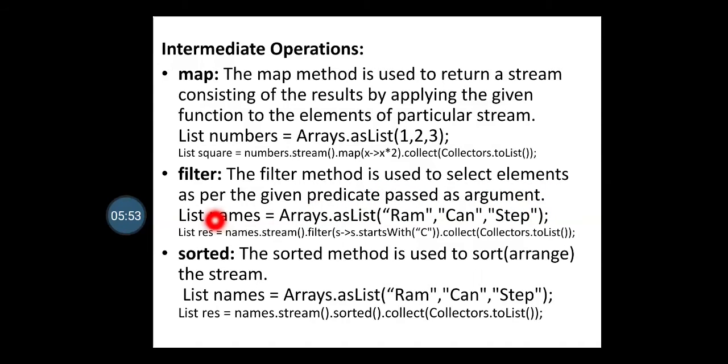For example, for the list we have created an object named names using Arrays.asList, which converts the given values into a list. Here we are going to pass string values, so we store three names: Ram, Can and Step.